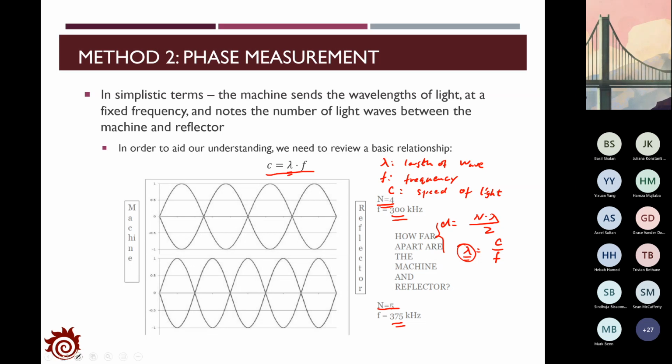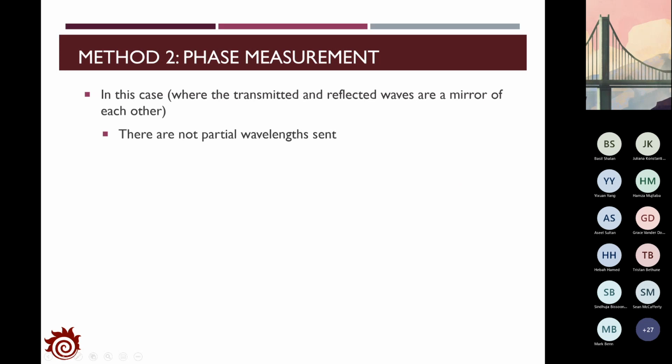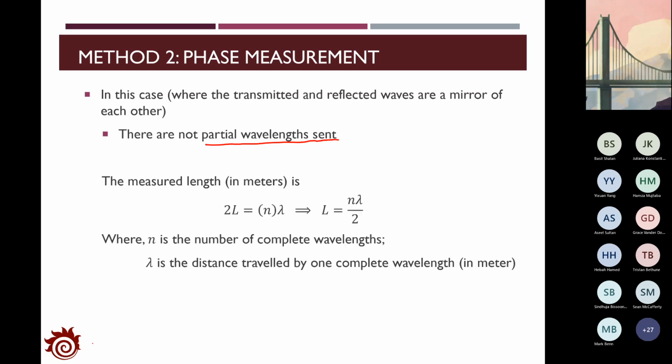But in reality, for the ideal case, if we don't have any partial wavelengths sent, then that would be good. The measured distance could be L, and twice the distance will be just n times lambda.